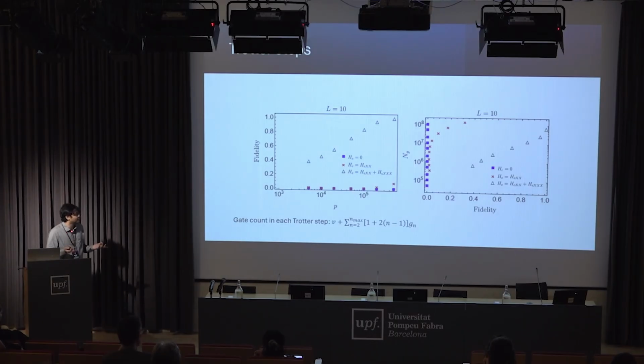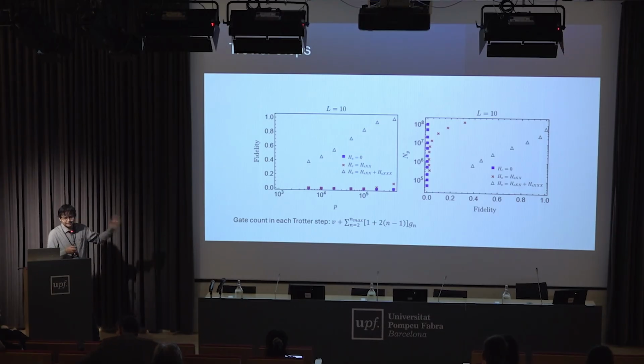Of course, what you do is calculate the fidelity with the actual ground state, where P denotes the Trotter depth. If you add a catalyst, you get a much higher fidelity with the same Trotter depth. But in each Trotter step you have more gates if you add a catalyst, because you're using ladders of C-NOTs. So the correct thing to look at is the total number of gates.